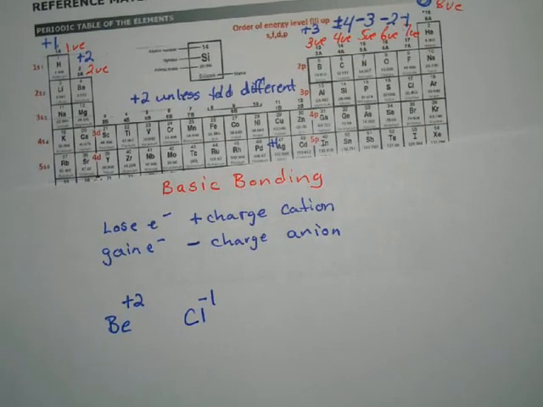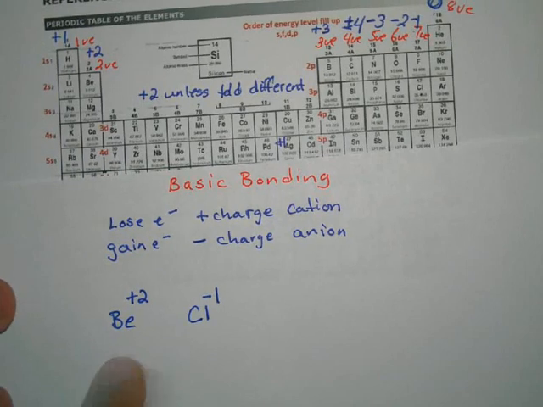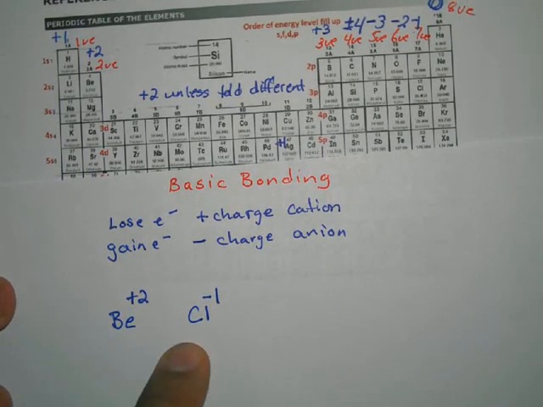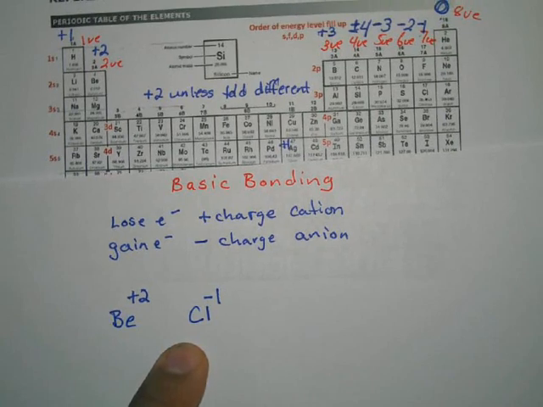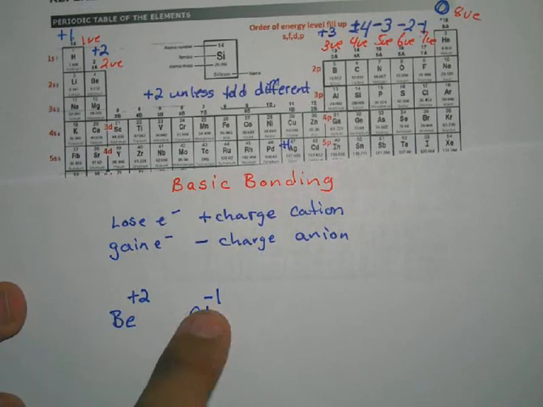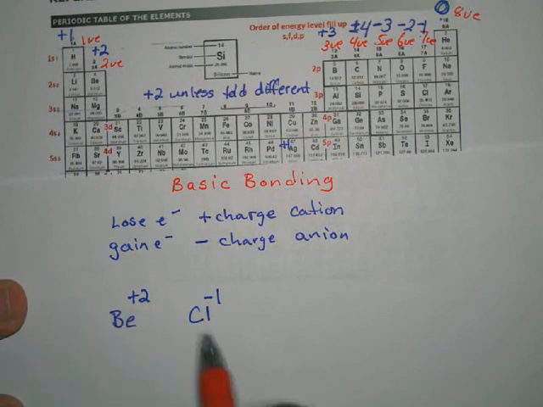Now, if Be wants to get together with Cl, just like dating, when you like somebody, what's the first thing you do? You give them your phone number, right? And you can look at oxidation numbers like phone numbers. So when Be wants to get together with chlorine and chlorine wants to get together with Be, they're going to swap numbers.